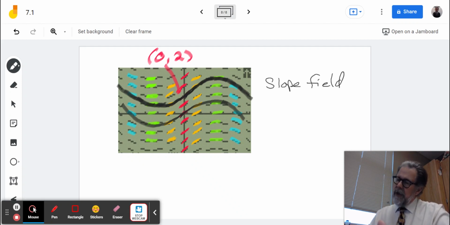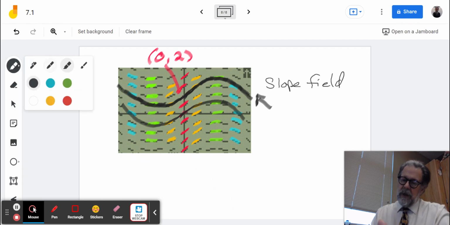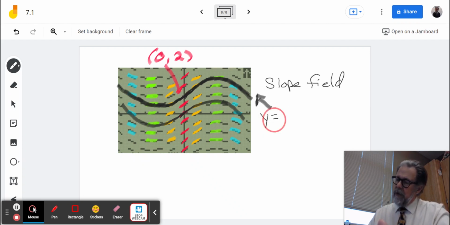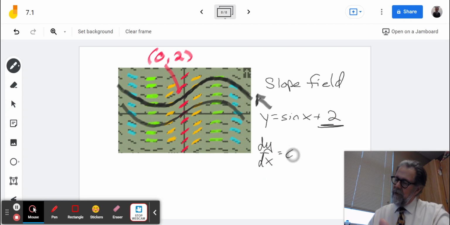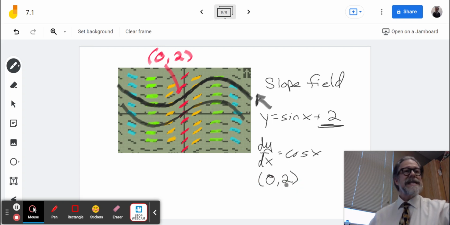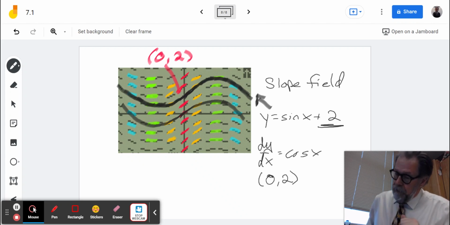And so this here is the graph of y equals sine of x plus 2. And that is the solution to dy/dx equals cosine of x, given an initial value of 0, 2. So really the trick here is just matching up the slopes.